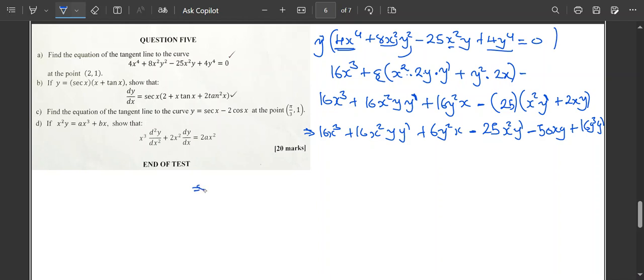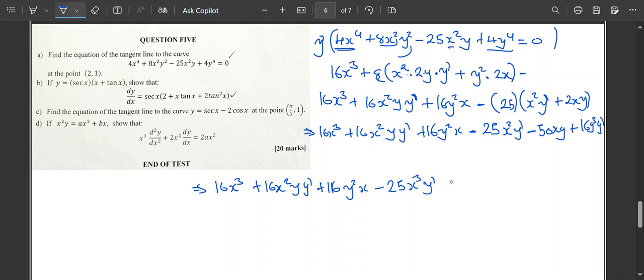Okay, so now we have 16 x to the power 3 plus 16 x squared y prime, then plus 16 y squared x minus 25 x cubed y prime.